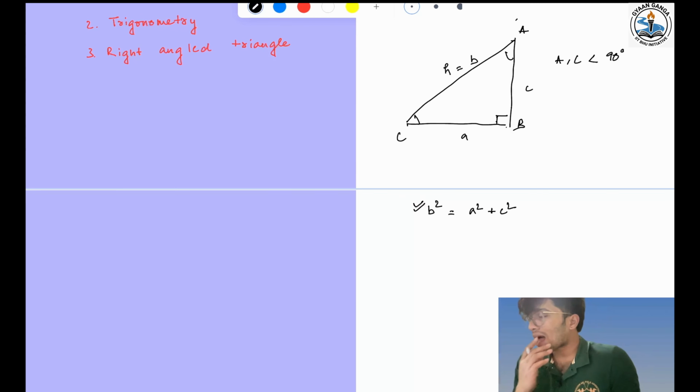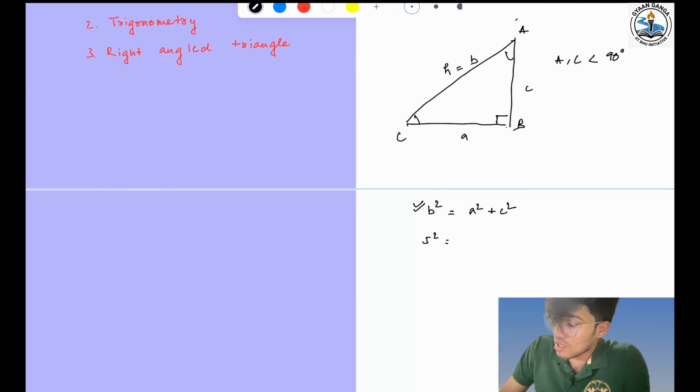A few moments ago I said a term which is called Pythagorean triplets. So these are essentially natural numbers that follow this identity. The common ones I'll give you: 5 square is 3 square plus 4 square, right?